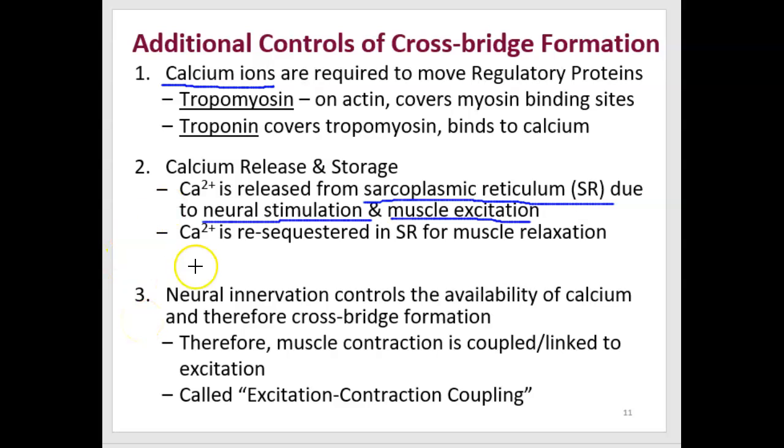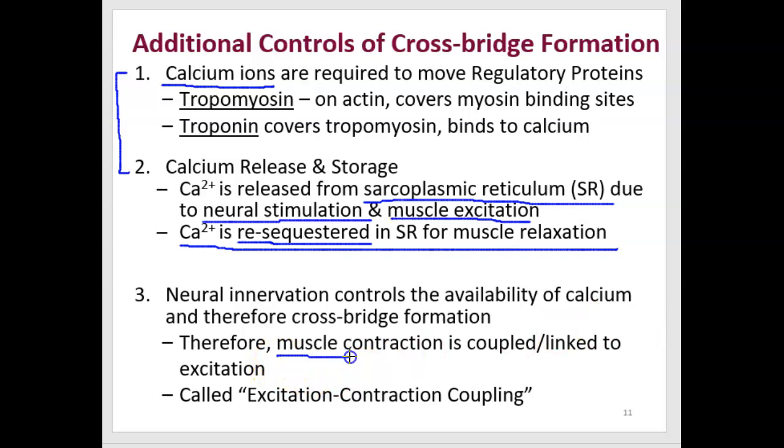At the end of muscle contraction, when it's time for a muscle to relax, that calcium is put back into the sarcoplasmic reticulum. We call it being resequestered. So calcium is a big control, as is neural stimulation. And so neural innervation controls the availability of calcium and therefore cross-bridge formation.